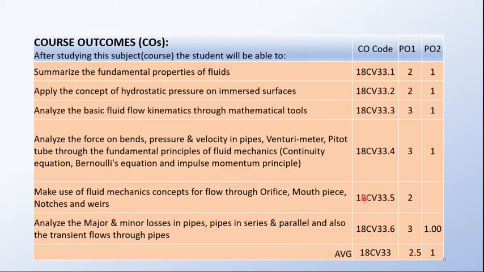The fifth outcome would be that the student will be able to use fluid mechanics concepts for flow through orifice, mouthpiece, notches, and weirs. And the sixth outcome would be analyze the major and minor losses in pipes, pipes in series, pipes in parallel, and also the transient flow through the pipes.